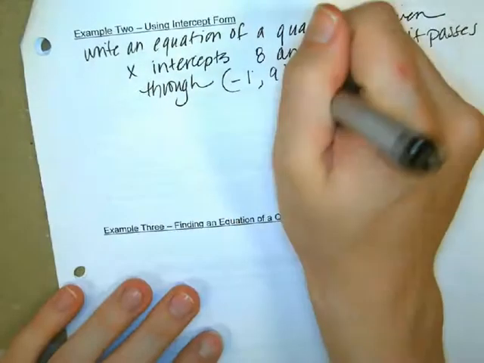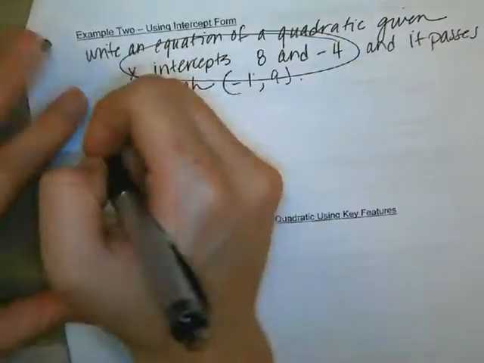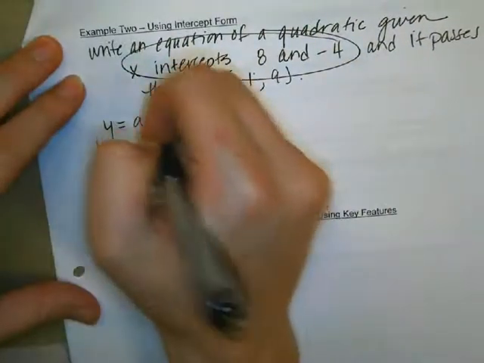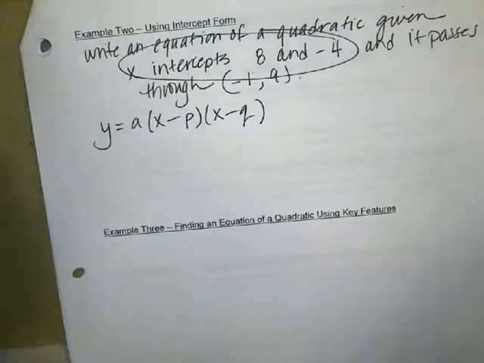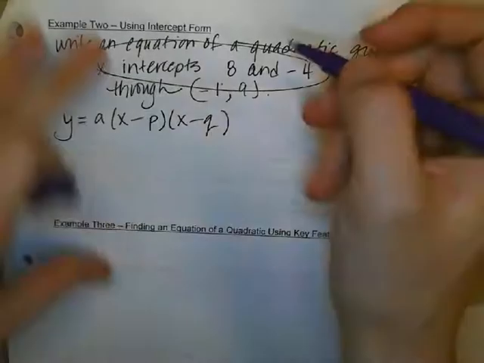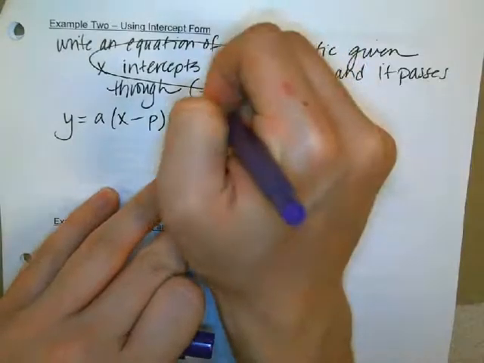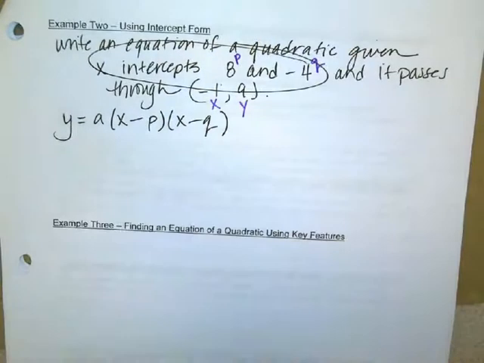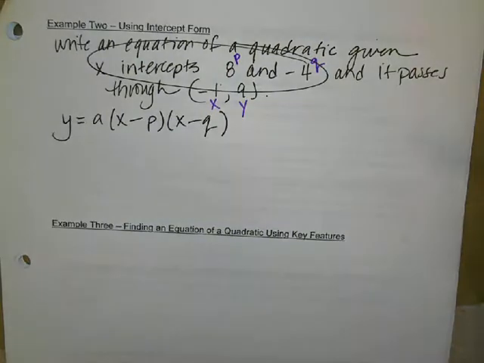Okay. Because they give me the x-intercepts, I know I'm going to start with using the intercept form. And again, each one of those four values has a place. So the 8 and the -4, that's my p and my q. The -1 and 9 are just my random x and y. So again, you're going to be plugging these values into the form and then solving for a.